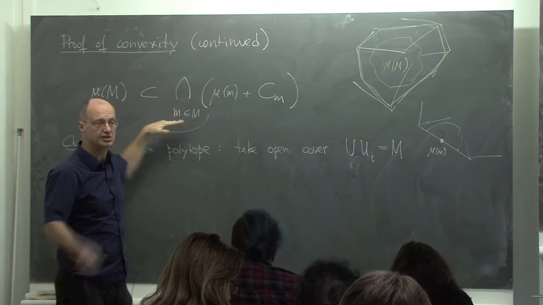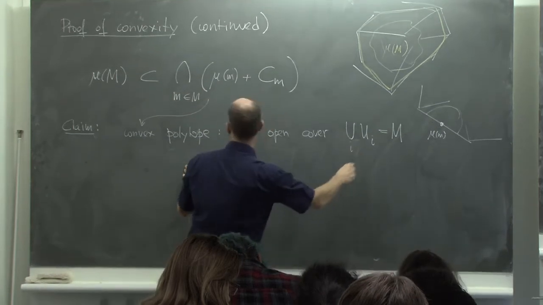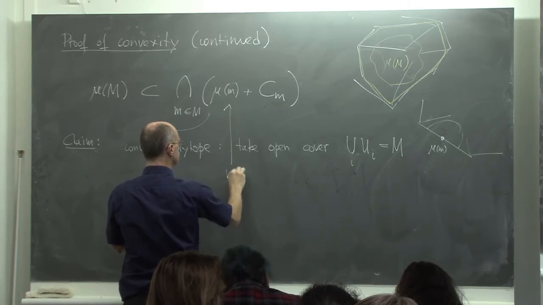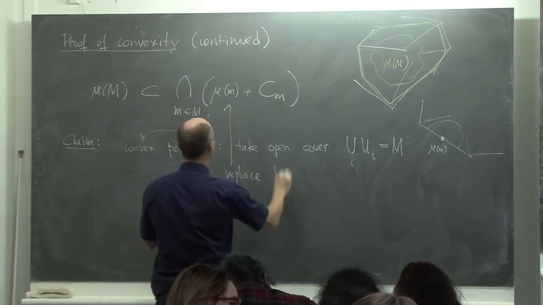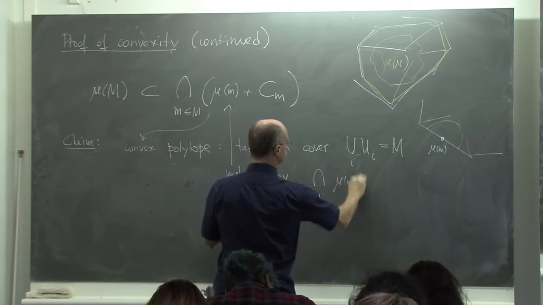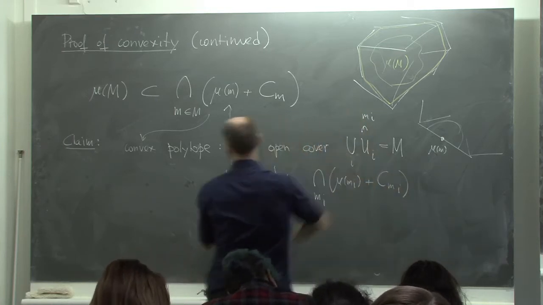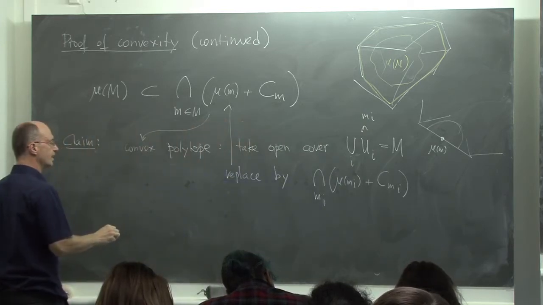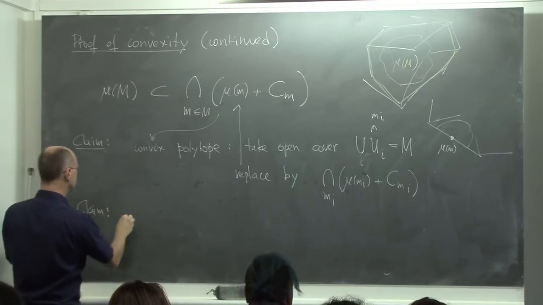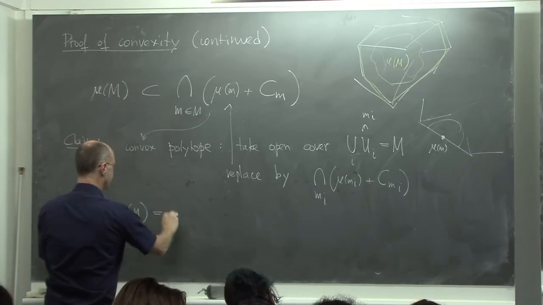So this is actually a finite intersection of polyhedral sets, which means it's a polyhedral set. Right. And finally, we say mu of m is equal to this set.